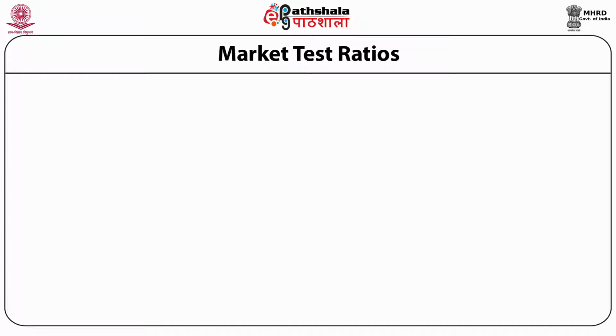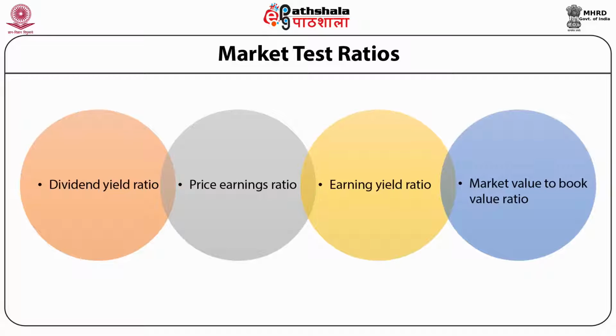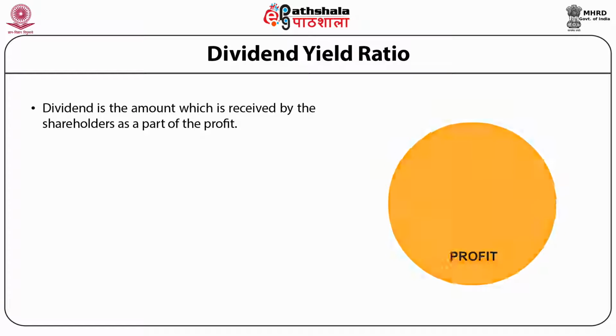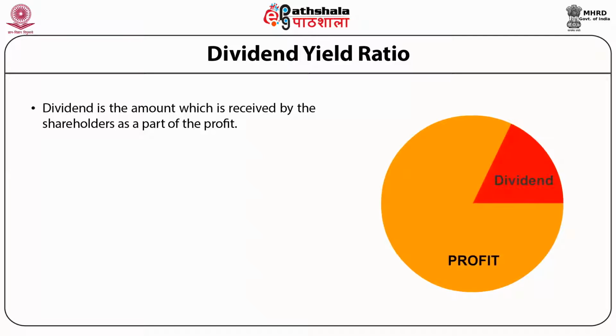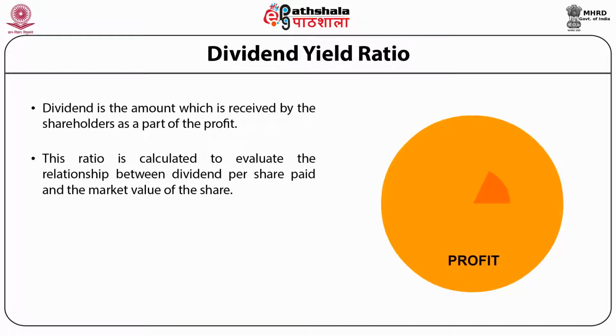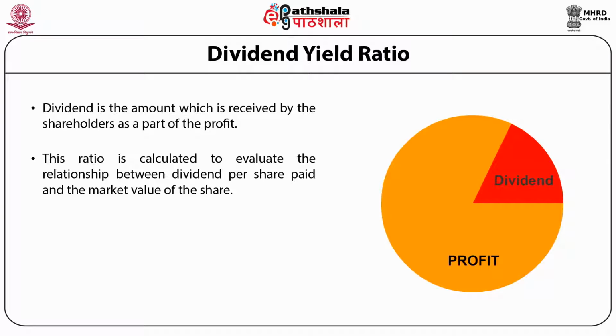Market test ratios are of four types: dividend yield ratio, price earning ratio, earning yield ratio, and market value to book value ratio. First, we'll study the dividend yield ratio. Dividend is the amount which is received by the shareholders as a part of profit. This ratio is calculated to evaluate the relationship between dividend per share paid and the market value of the share.